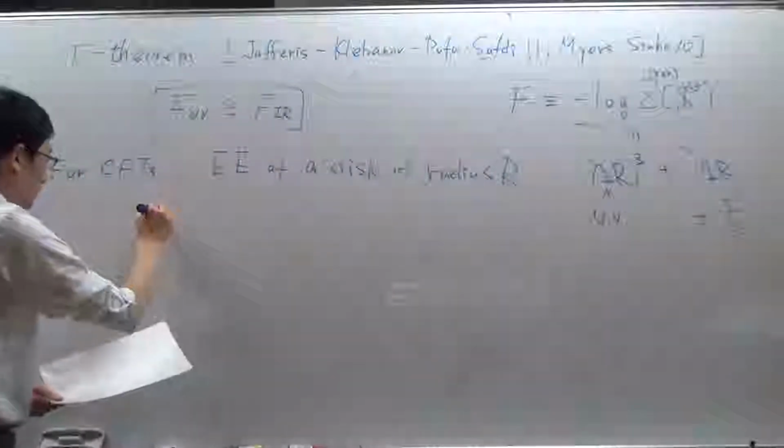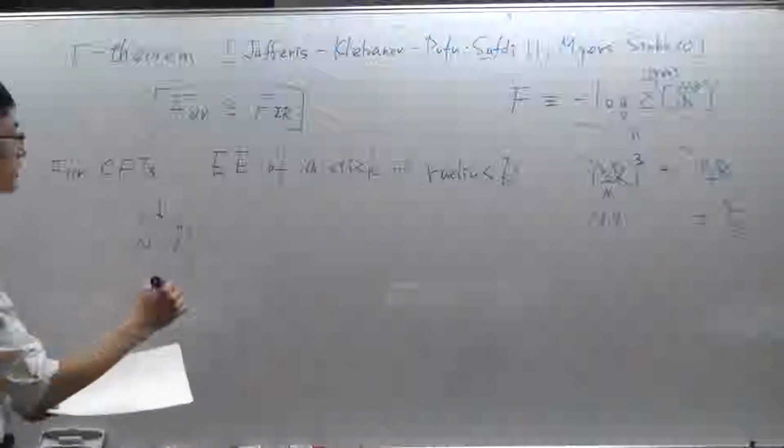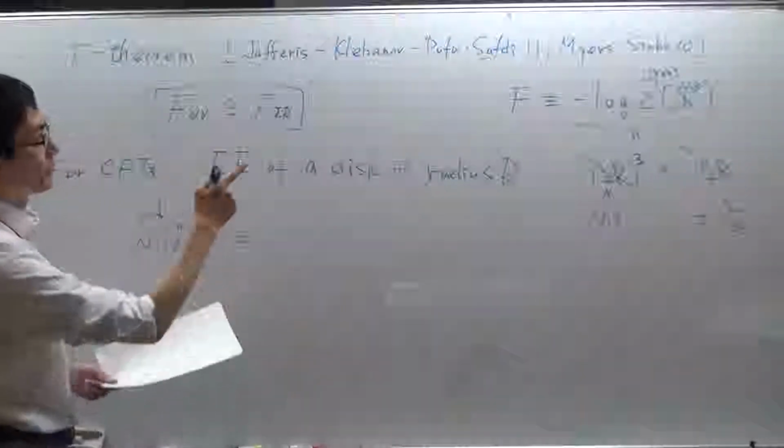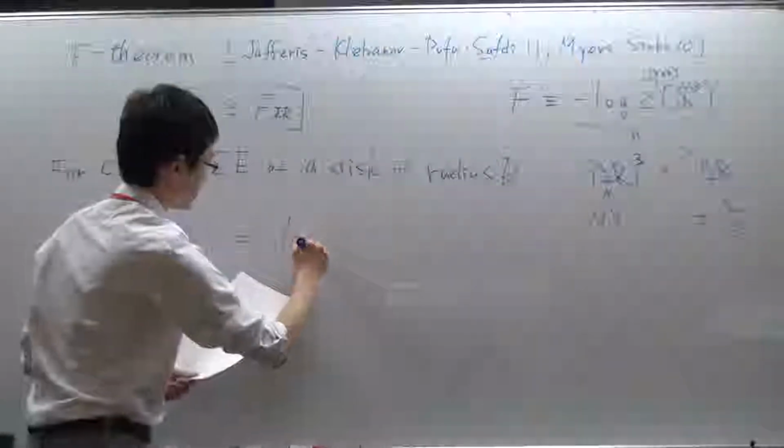And the disk entanglement entropy is given by minus f, or more precisely, the log of the three-sphere partition function.